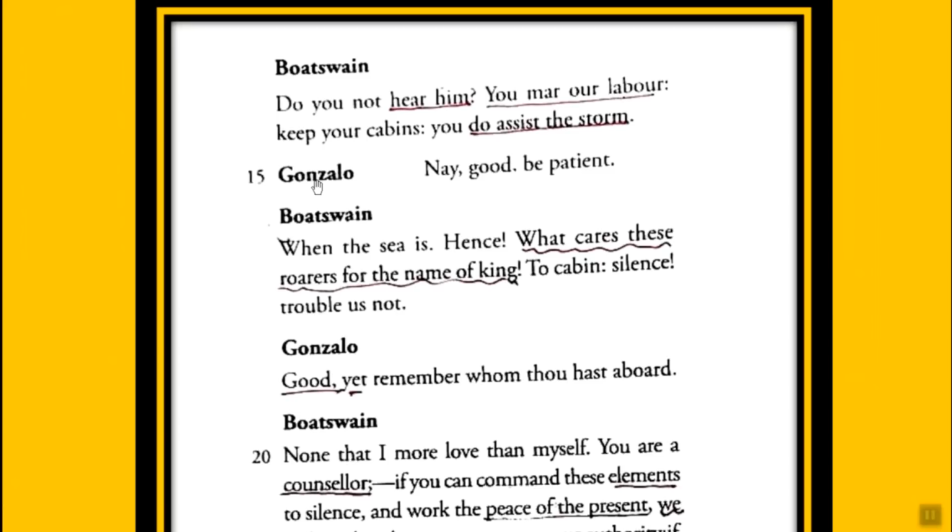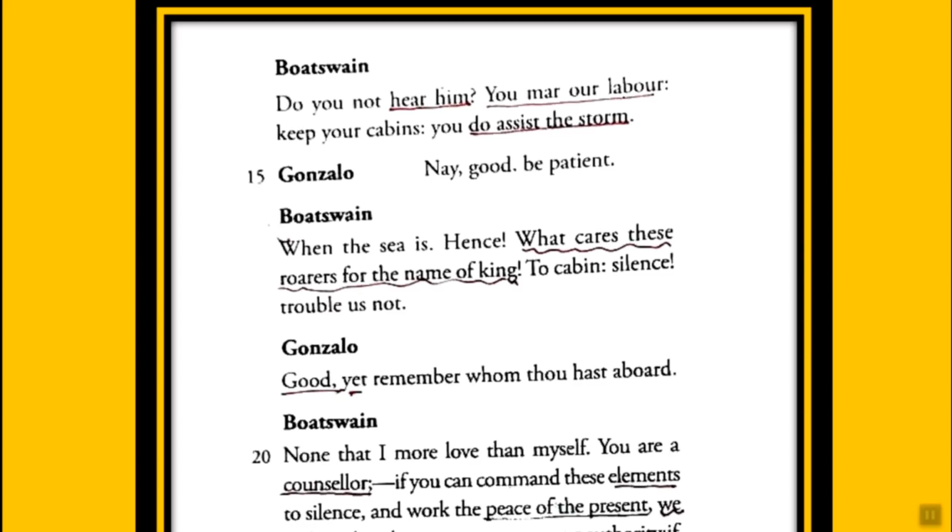So bosun replies, he says, do you not hear him? Who is him here? It is the master. Because just now he was questioned, where is the master? So he says, do you not hear him? Means hear him doing what? Giving orders to save the ship.